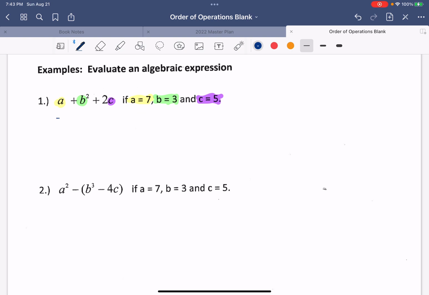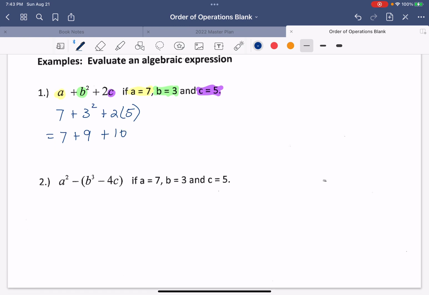Okay, so your problem is going to look like this now: 7 plus 3 squared plus 2 times 5. Now we can do PEMDAS. The first thing I'm going to do is our exponent. 3 times 3 is 9. And if you want, you can go ahead and do your multiplication now too, plus 10.